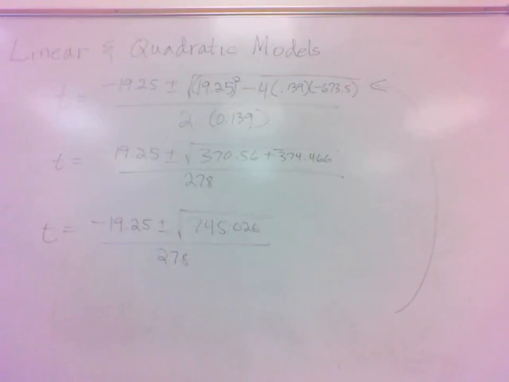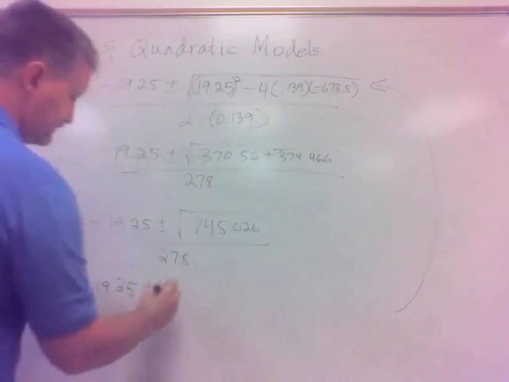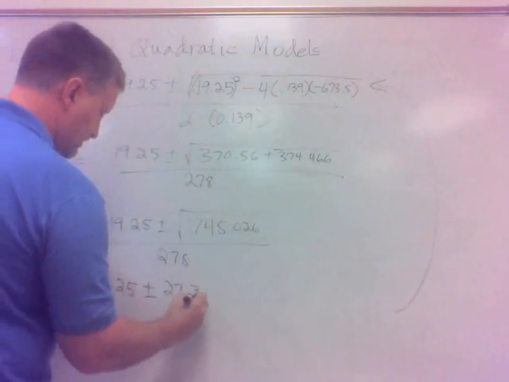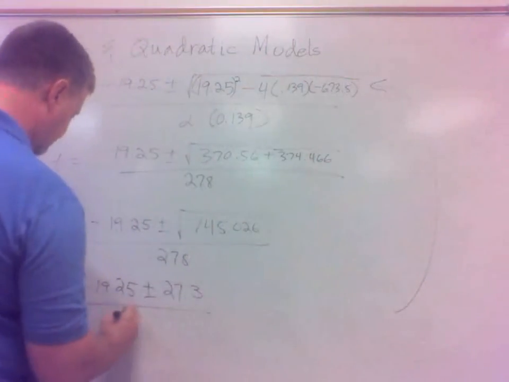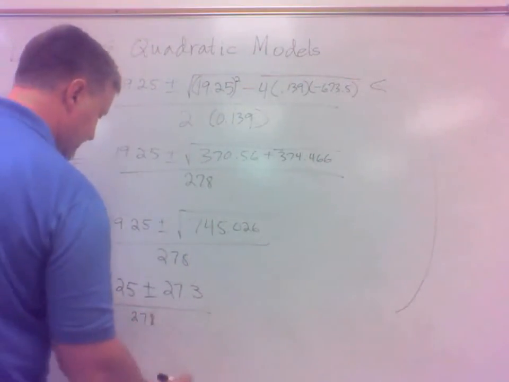All right, well, I'm seeking a year, a time. This gives me the answer, but it's not entirely clear what year that is. So here's what I'm going to do. I'm going to go ahead and square root that, round that off. So it's negative 19.25 plus or minus the square root of 745.026, which is 27.29, so say 27.3, divided by 0.278.